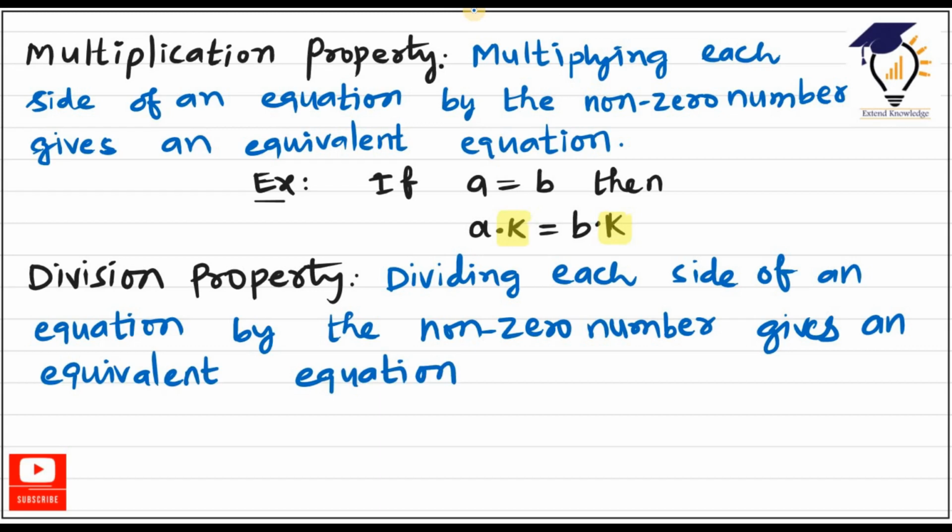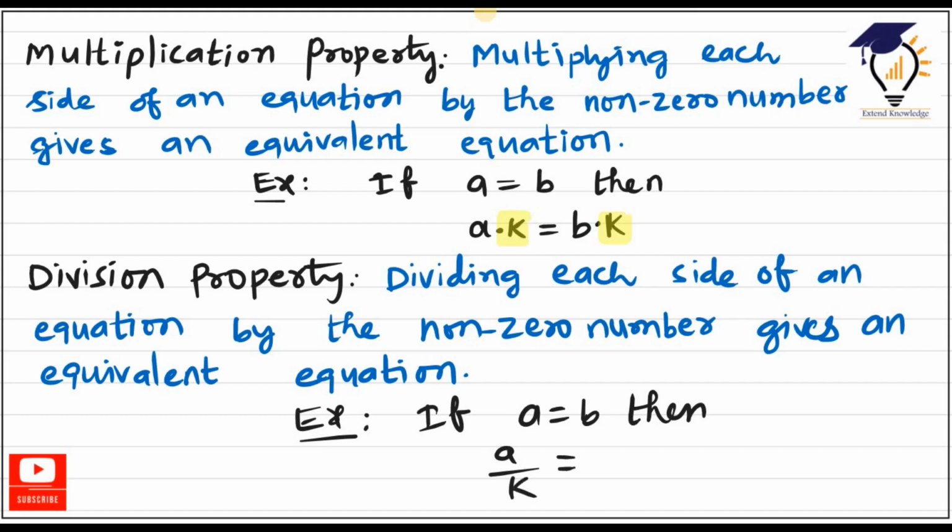I'll show with one example. If A is equal to B, then we can divide with some constant K on either side so that we get an equivalent equation. Here K is a non-zero number which I have divided on either side of the given equation, which produces an equivalent equation. This is how we use multiplication and division properties.